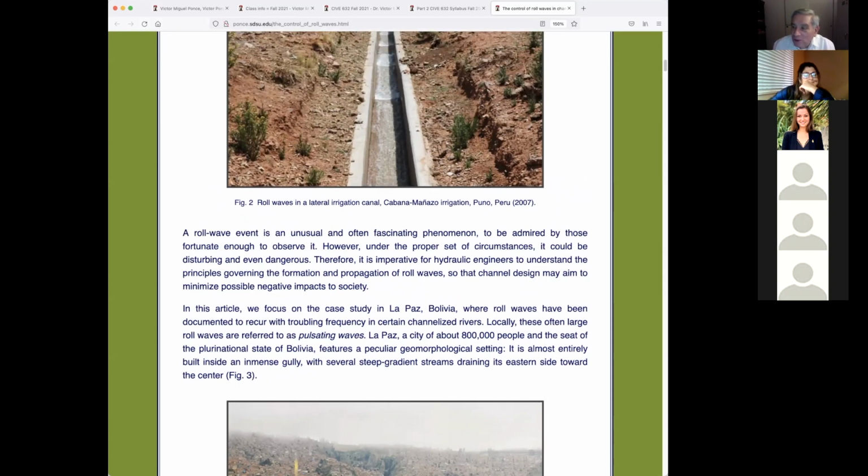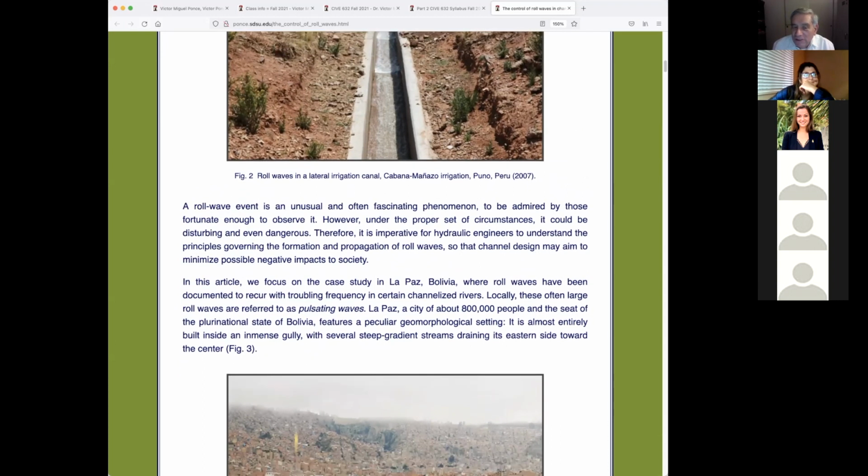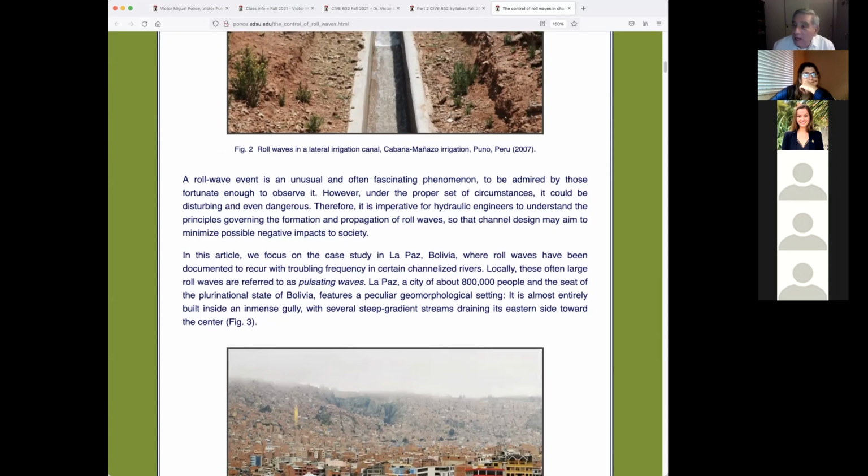We know that they could overcome the depth of the channel, for sure. And since these roll waves appear to recur quite a few times in Bolivia, we've got to look at the Bolivia experience because it's paramount for us to understand the mechanics and how we could eventually fix this.